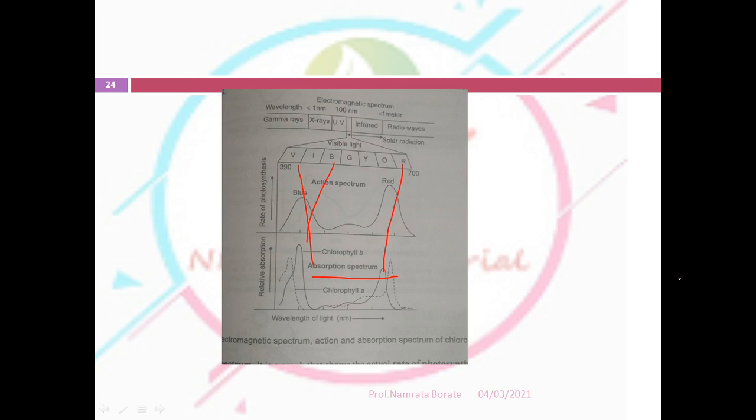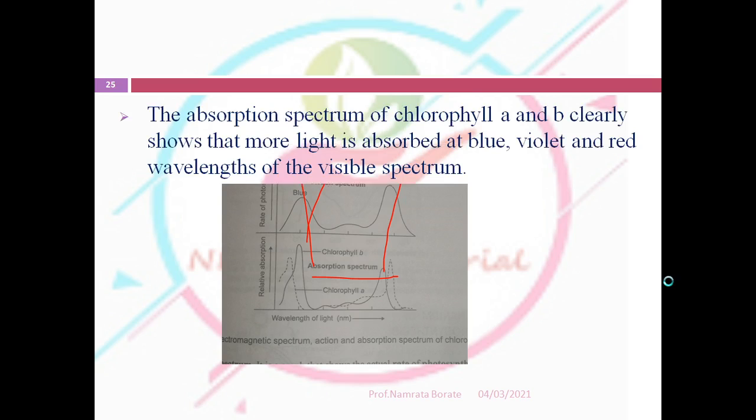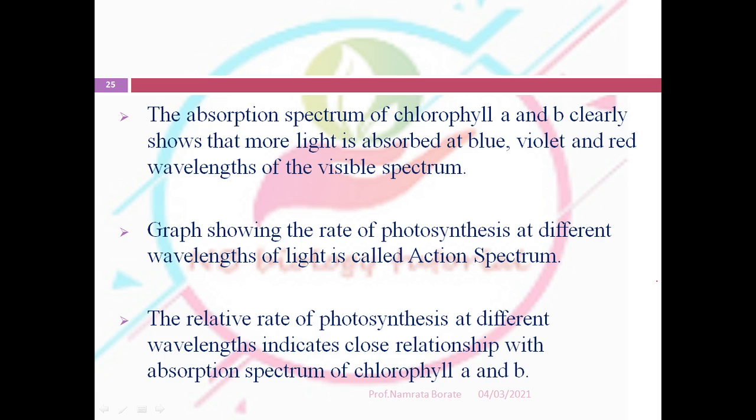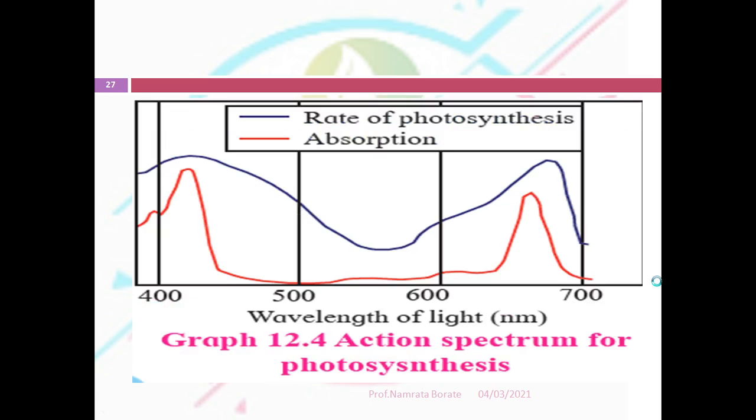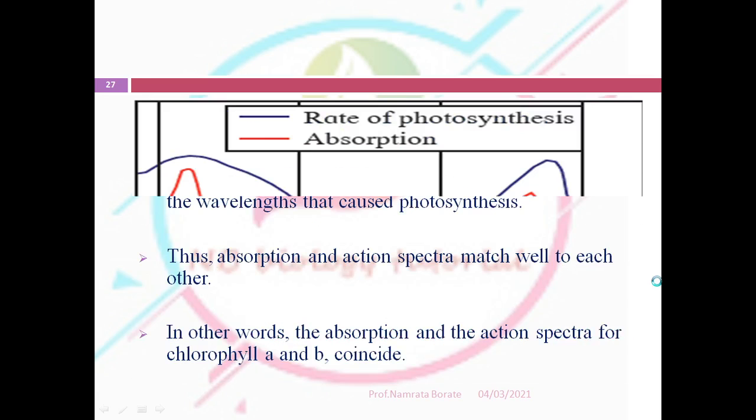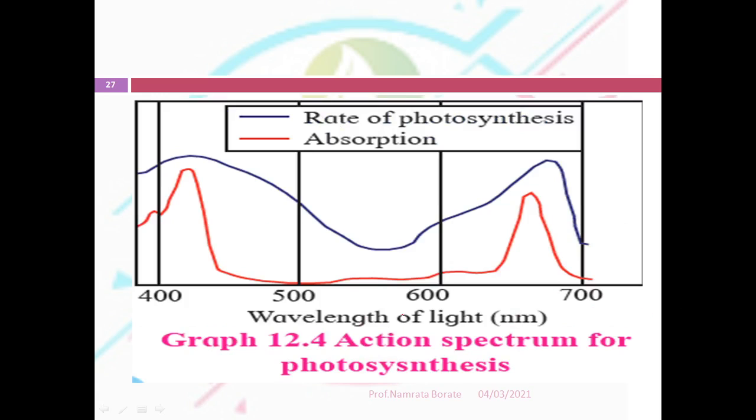Afterward, the next phenomena we see is the action spectrum. So what is this action spectrum? The action spectrum is the curve that shows the rate of photosynthesis at different wavelengths.